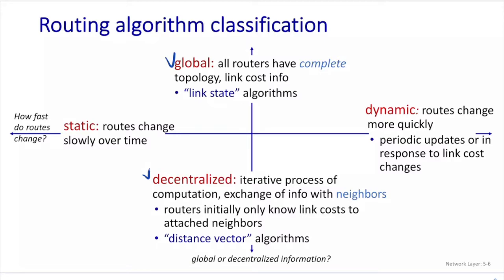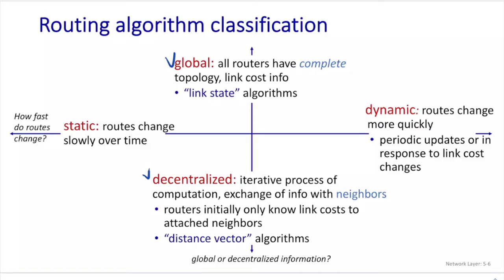So we call it static when routes change slowly, and we call it dynamic when routes change more quickly. It depends on your topology and your network situation. For example, in our campus, maybe we have only limited routers, and those links do not change quite often.